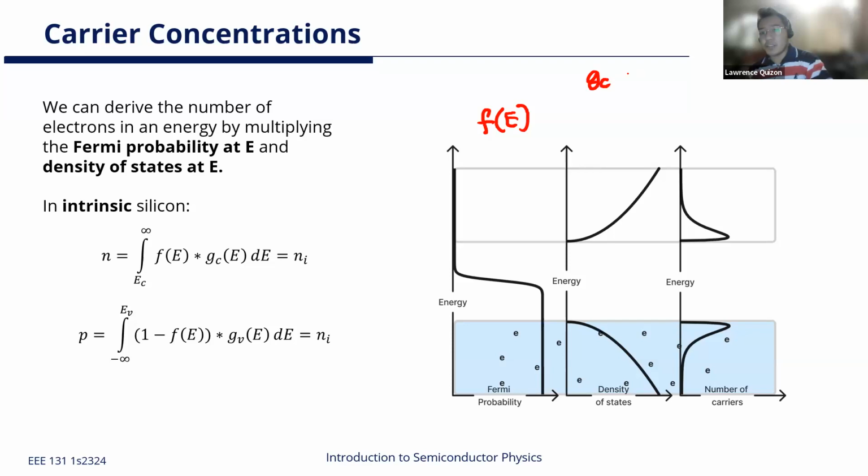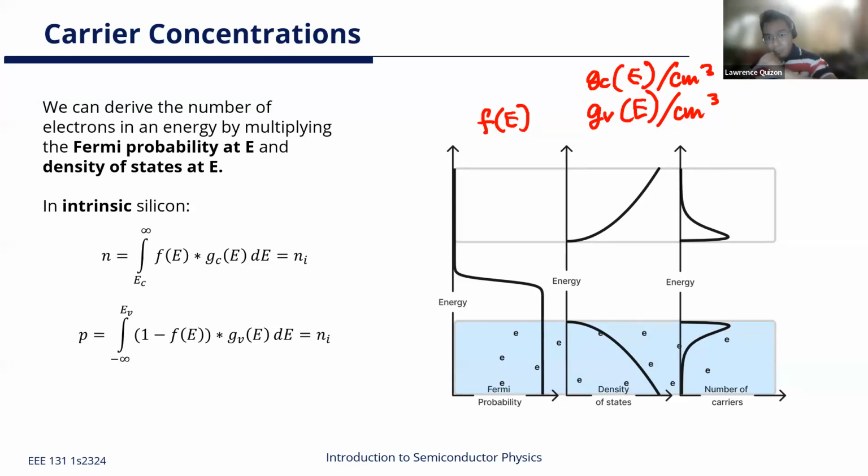So this is GC of E and GV of E. It's the density of states in the conduction band and in the valence band. Bakit natin tinawag na density of states? Kasi ang units nito is number of states per cm cube, by the way. Pretty sure I noted this in that slide, but units niya is per cm cube. By the way, we're going to be focusing a lot on units this time because that allows us to remember formulas that we don't remember.